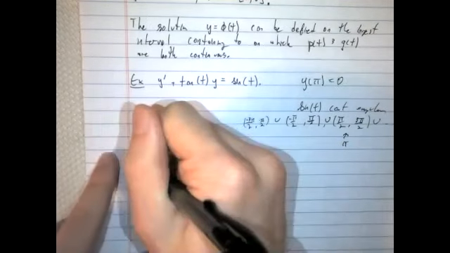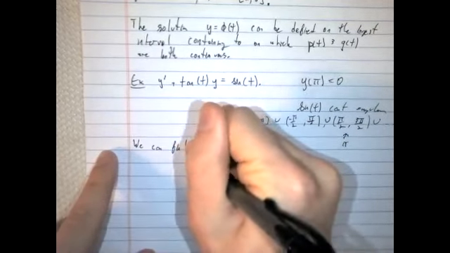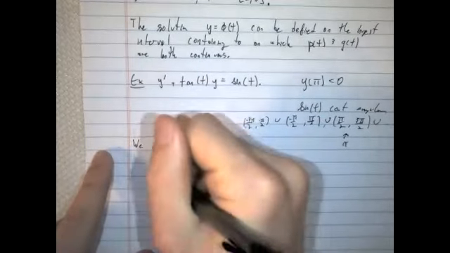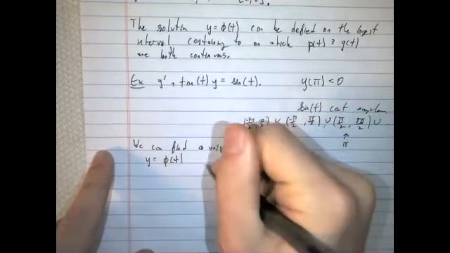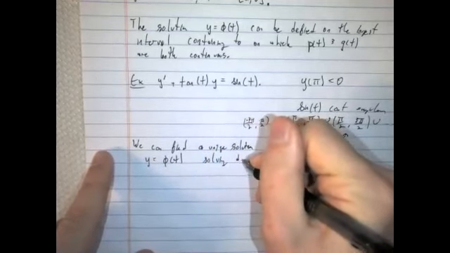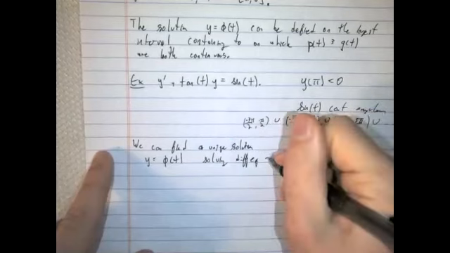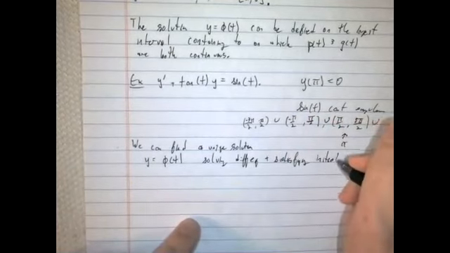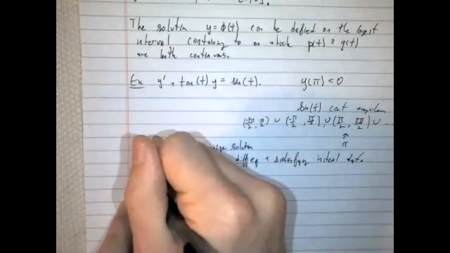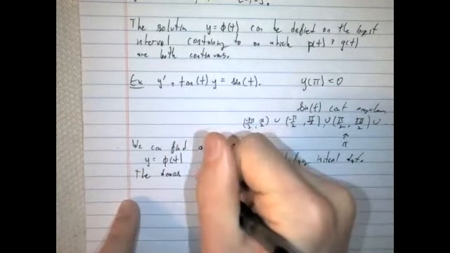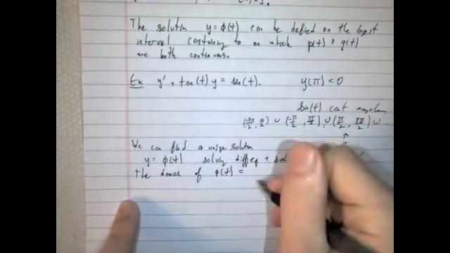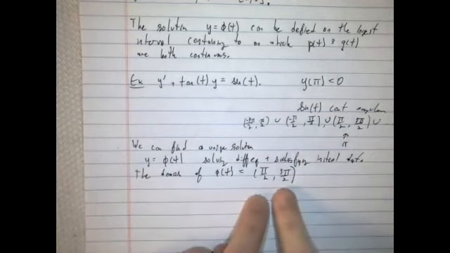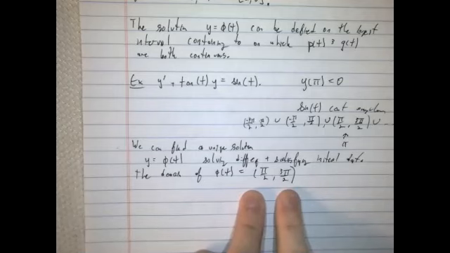So what I can say is that we can find a unique solution, y equal to phi of t, solving the differential equation and satisfying the initial data, such that the domain of phi of t is pi over 2 to 3 pi over 2. So it has the biggest domain possible.